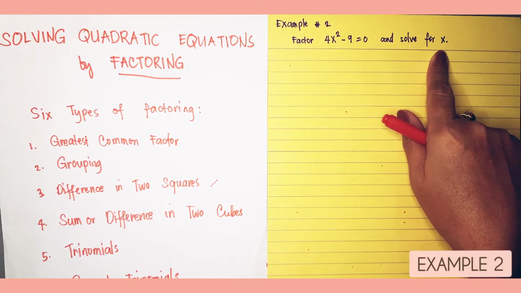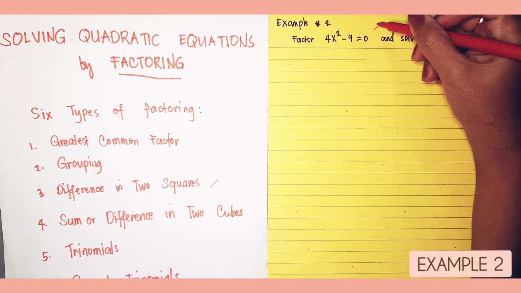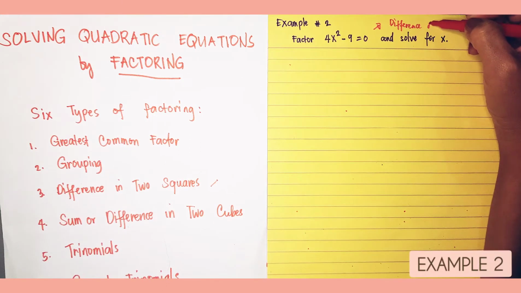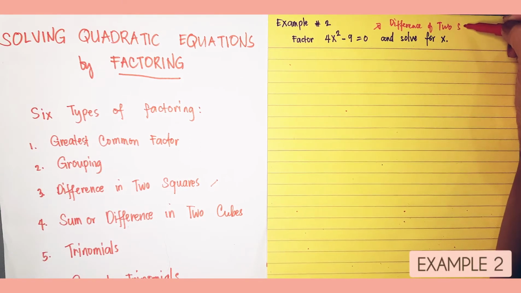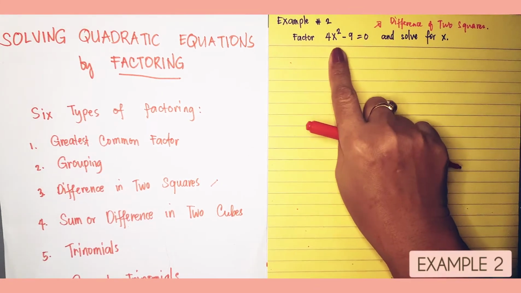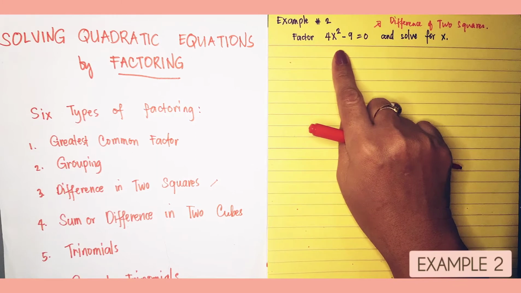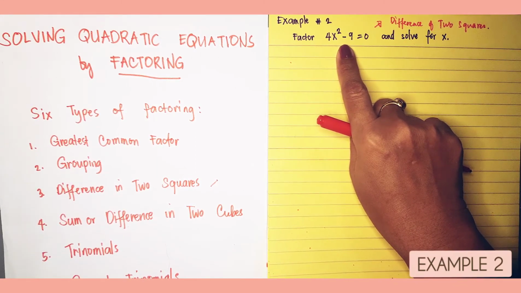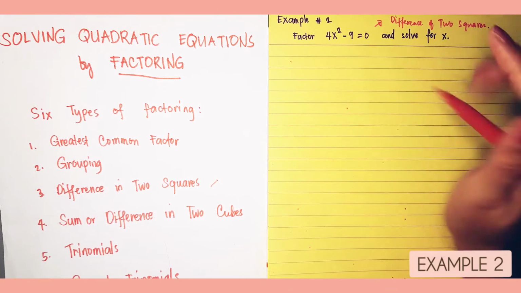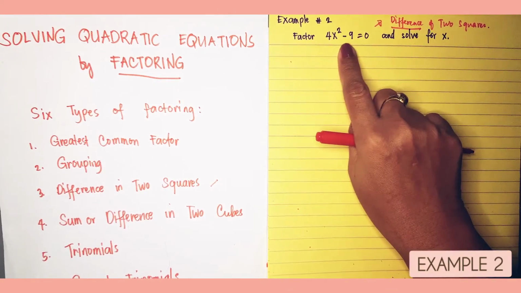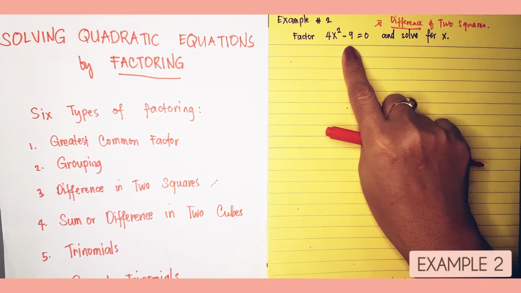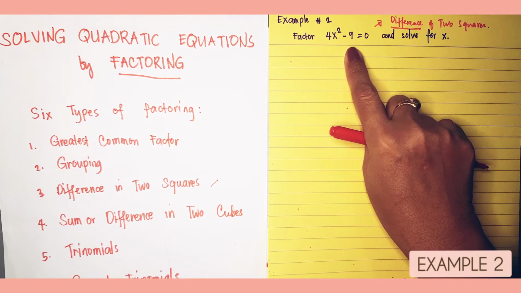As I've said, this is an example of the difference of two squares. How can you identify if the given is an example of a difference of two squares? Obviously, the operation in between should be a subtraction. And the terms should be perfect square numbers.